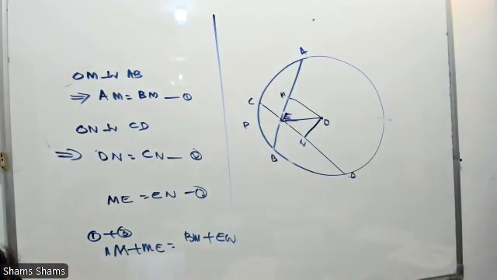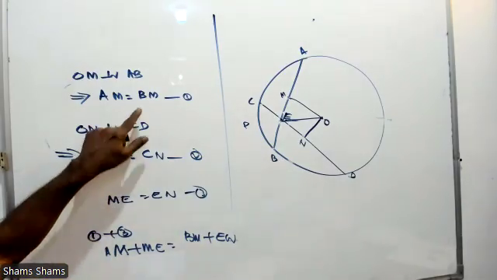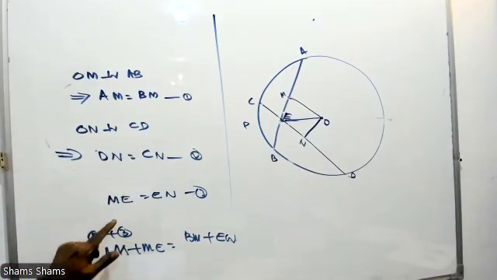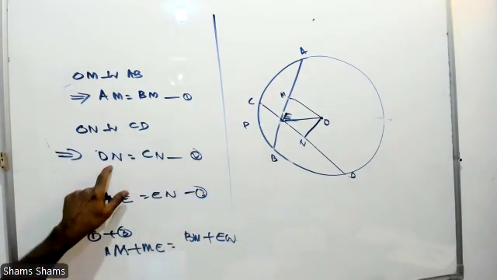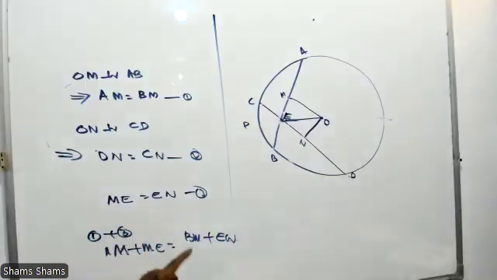First part: AM plus ME, correct. Second part, where is BN? Second part DN. Oh, this one, right? Correct or no? Second, this part adding DN and EN, right? So you make it okay.